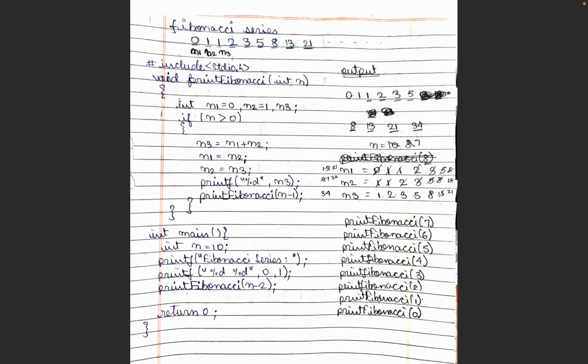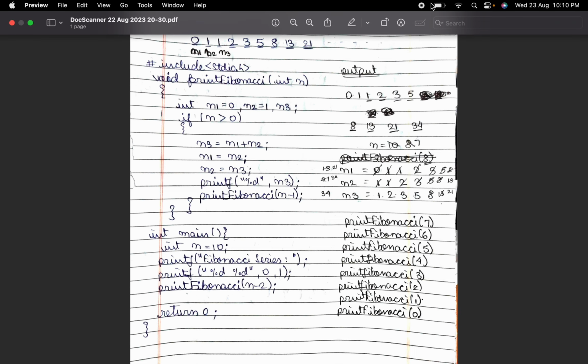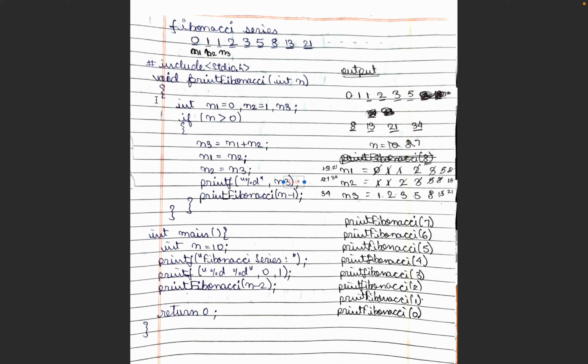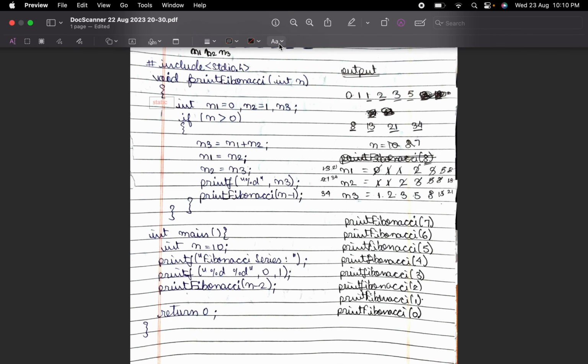So write static over here. Write static over here so that things work properly.